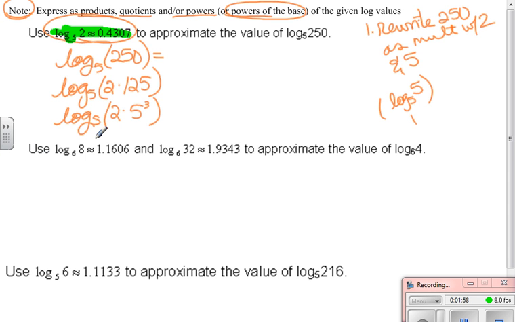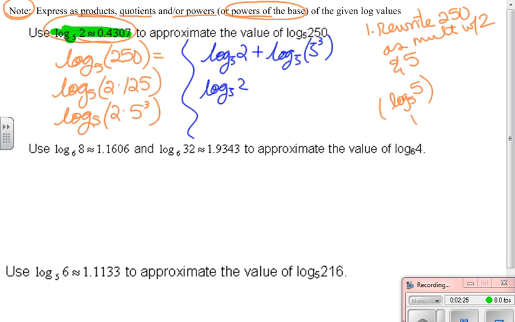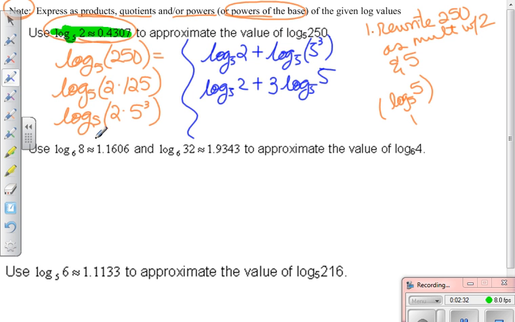Now if I apply my property of log with a product, that means that I add them. So I have log base 5 of 2 plus log base 5 of 5 cubed. Now, for an exponent in a log, I have a rule for that, and so I have log base 5 of 2 plus 3 log base 5 of 5. Now, I go ahead and I substitute.